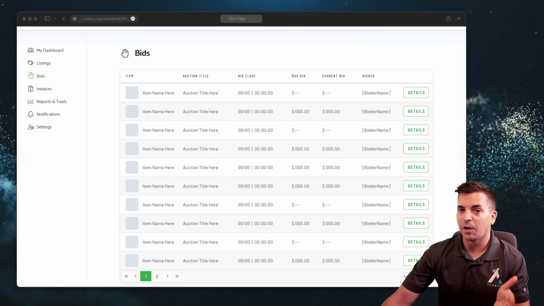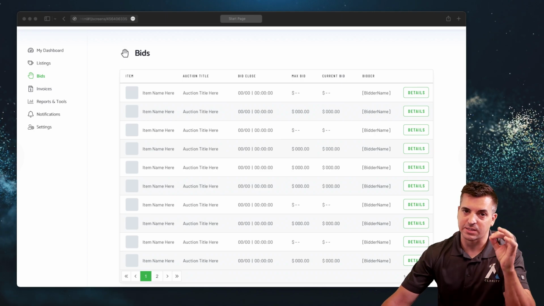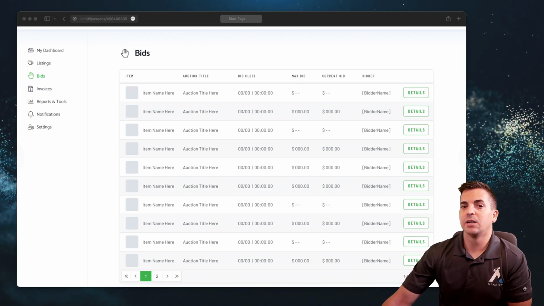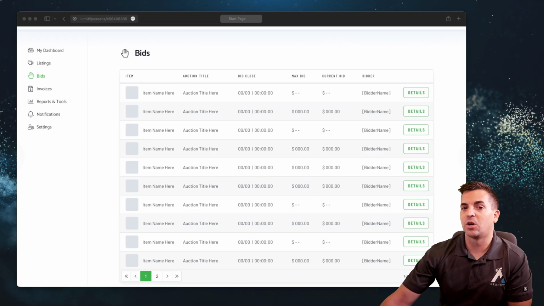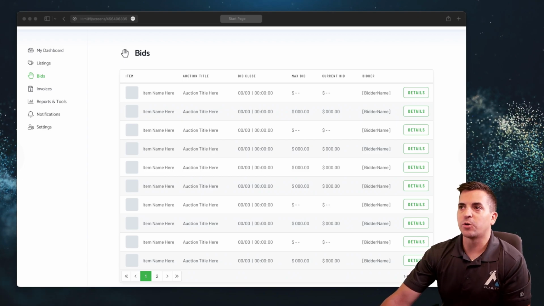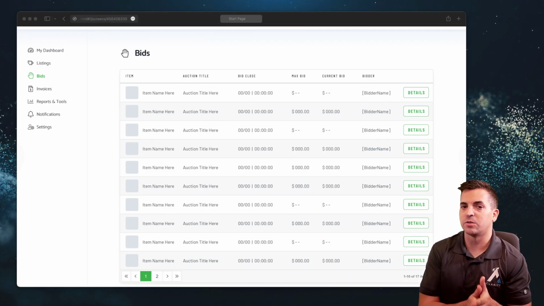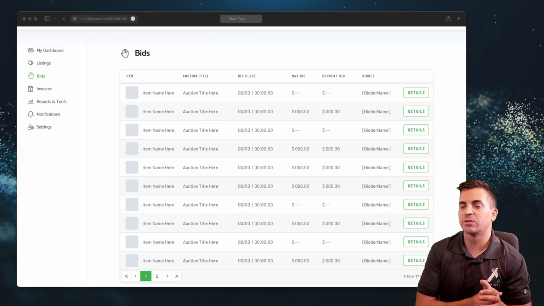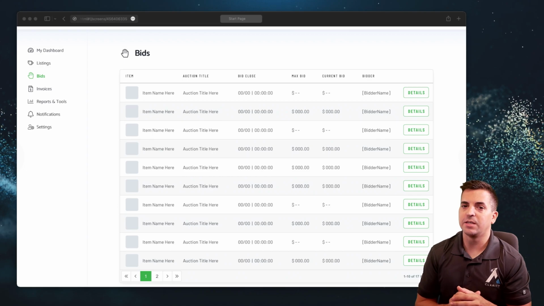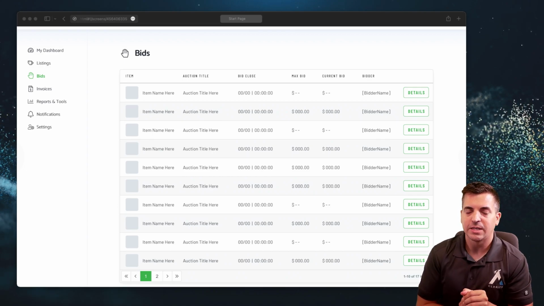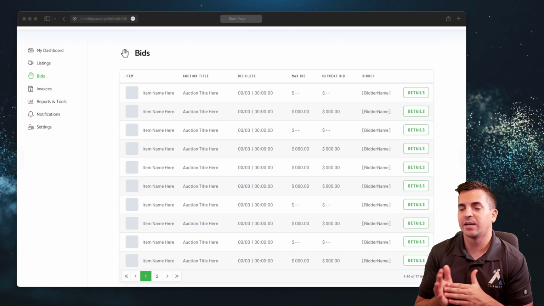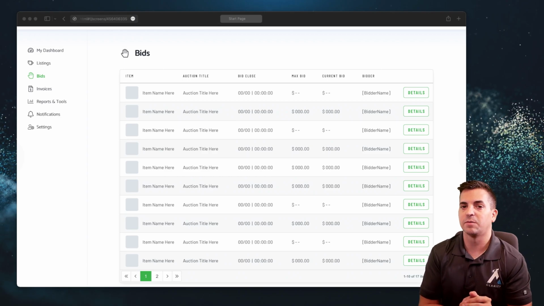depending on how many bids are going to be going through at the exact time of the closing of the auction, a max bid and current bid, and then who the bidder was, depending again how your system works and what detail you want the sellers to have. We may need to anonymize this somehow and make sure that they can't get in touch with the buyers.